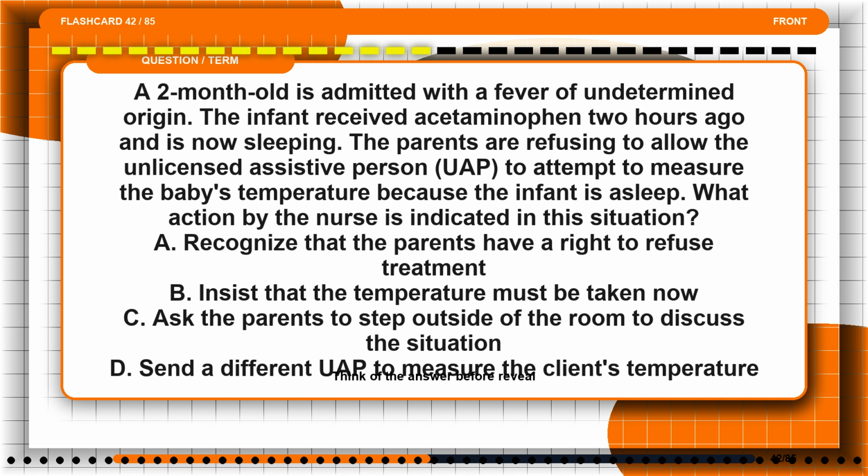What action by the nurse is indicated in this situation? A. Recognize that the parents have a right to refuse treatment. B. Insist that the temperature must be taken now. C. Ask the parents to step outside of the room to discuss the situation. D. Send a different UAP to measure the client's temperature. Think of the answer before the reveal.